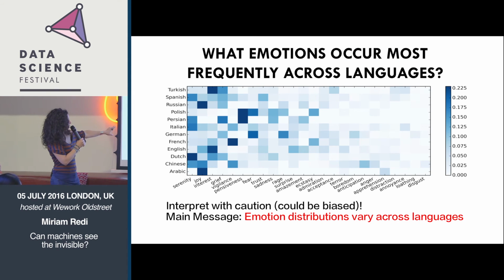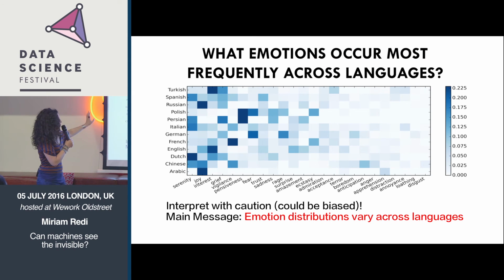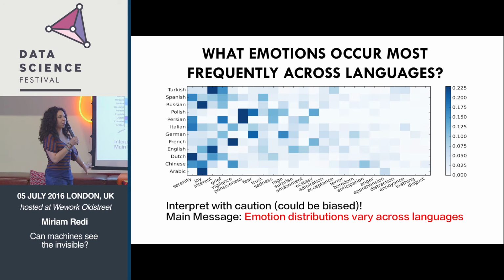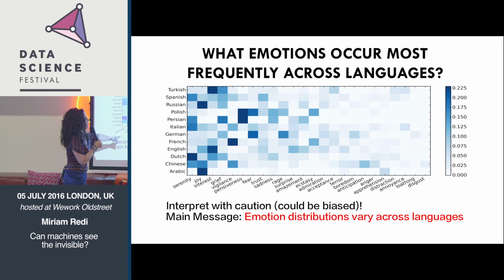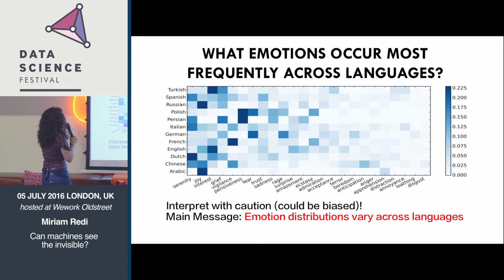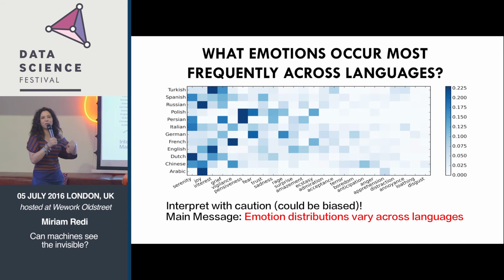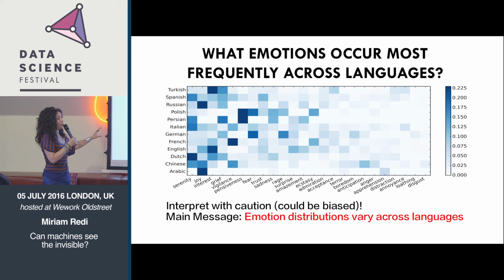Each of these squares, the darker the square, the higher the probability that one of these populations on Flickr mentions one of these keywords in their image collection. Now, this looks very nice. I could infer so many things from this plot.